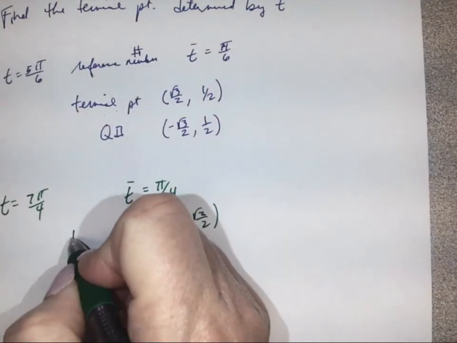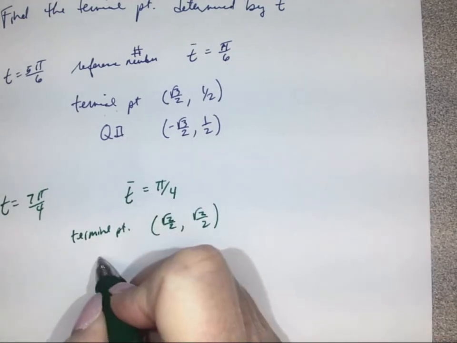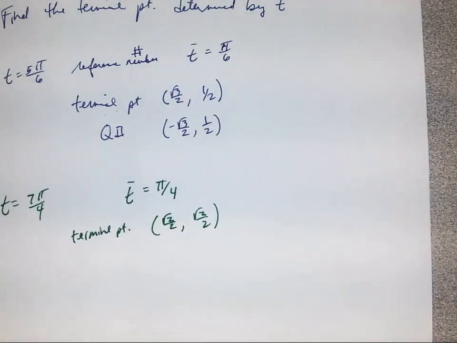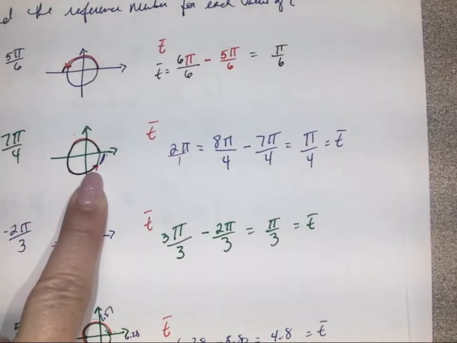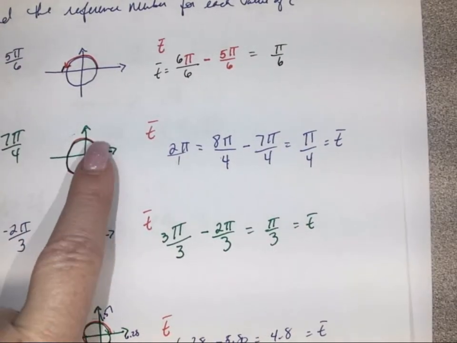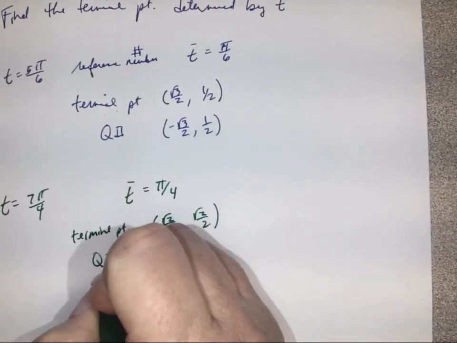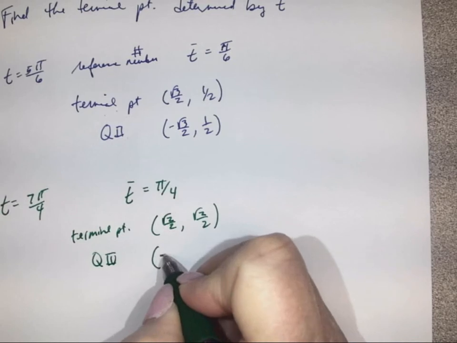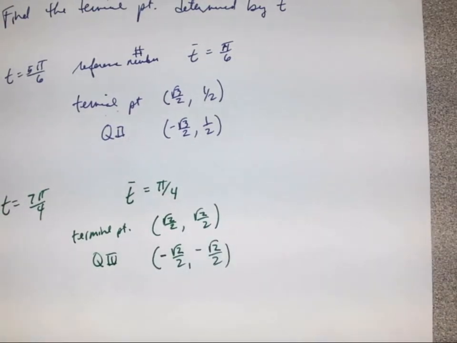So this again is your terminal point. But for 7 pi over 4, we were landing in quadrant 4. And quadrant 4 tells us that x and y will both be negative. So because we're in quadrant 4, we know that it'll be negative square root of 2 over 2, negative square root of 2 over 2.